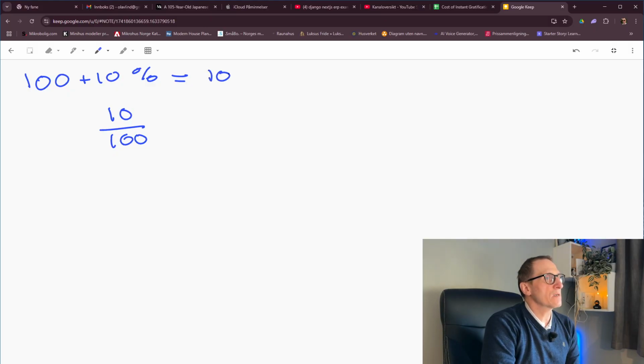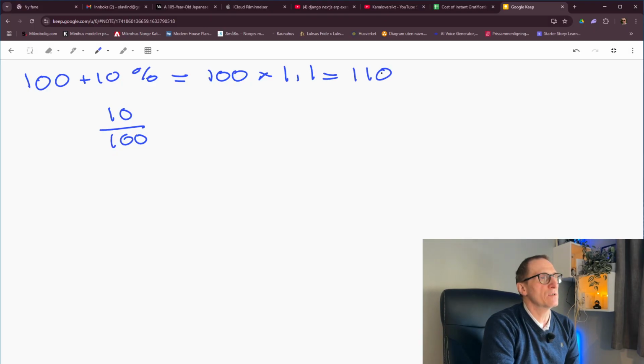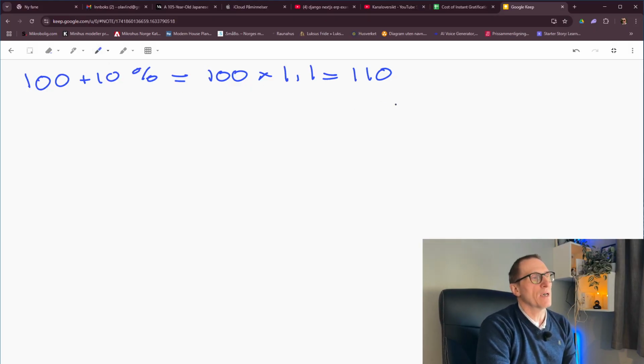So this calculation will be the same as 100 times 1.1, which equals 110. That's one way to add 10% to the number 100.